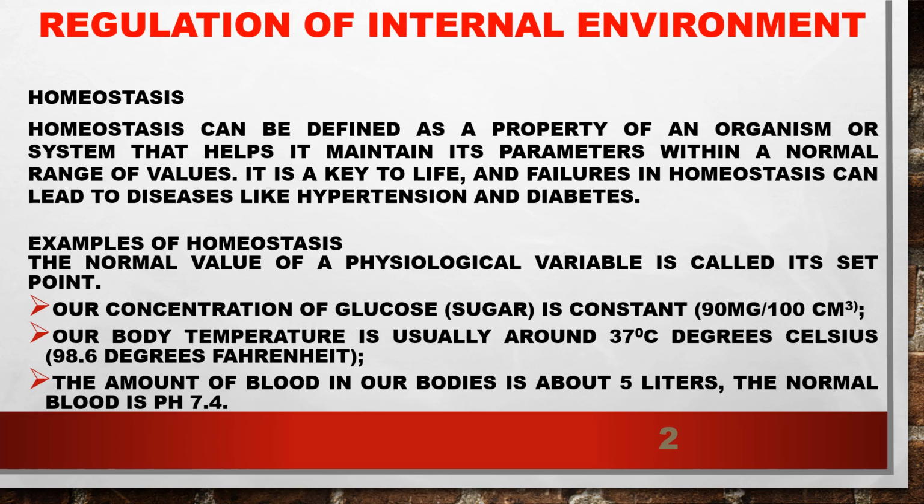So homeostasis, in short, means the process by which our body system maintains the level of internal parameters such as blood glucose, blood level, temperature, and the rest of them, vitamin content, minerals, and the rest of them.